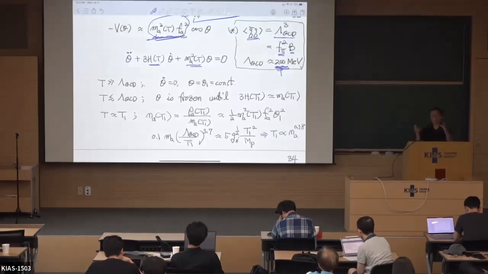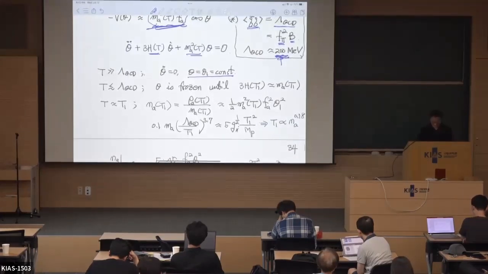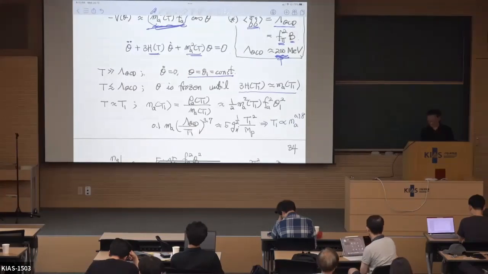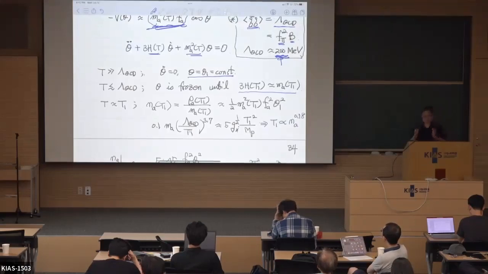So after Peccei-Quinn symmetry breaking, the axion can sit at any value between 0 and 2 pi. So let's put some initial value denoted by theta_1. Around the QCD condensation scale, until H becomes the axion mass itself, this initial theta value is frozen at the same value, right?